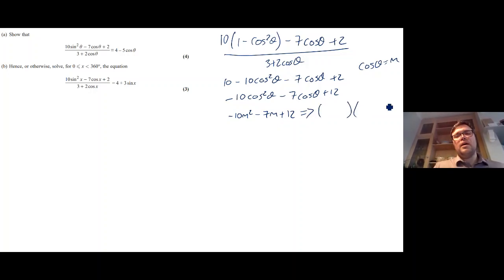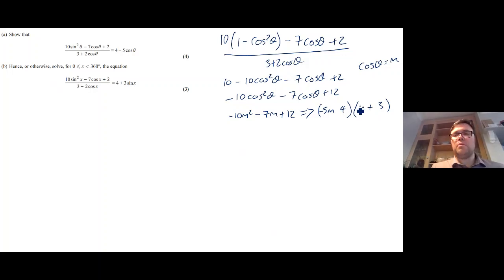That can be factorized with a double bracket. So it's going to be minus 5m and m, and then the 12, so I need to get minus 7 in the middle, is going to be 4 and a 3. There's going to be minus 15, that's going to be a plus there. So it's minus 15m and then plus 4m.